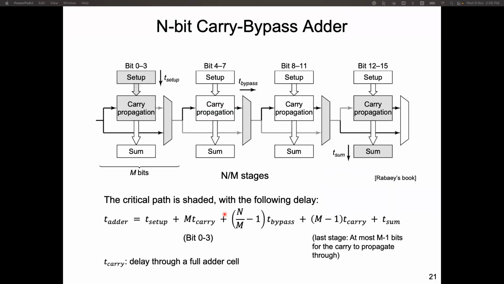So this is the delay of the last stage, the last group of bits: M-1 times T carrier plus T sum. So this is the last stage. We have 3 bypass logic, this delay, and the first stage. So that's the delay in such a carrier bypass or carrier skip adder. This is to improve the worst case delay.